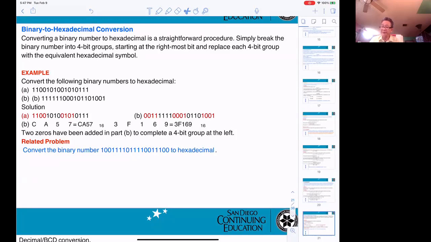Simply break the binary number into 4-bit groups, starting at the rightmost bit, and replace each 4-bit group with the equivalent hexadecimal symbol. That means from number A, you count 1, 2, 3, 4. One group, 1, 2, 3, 4. Second group.